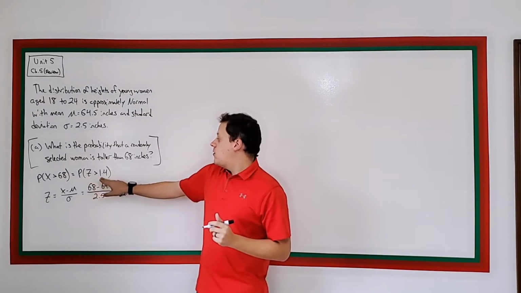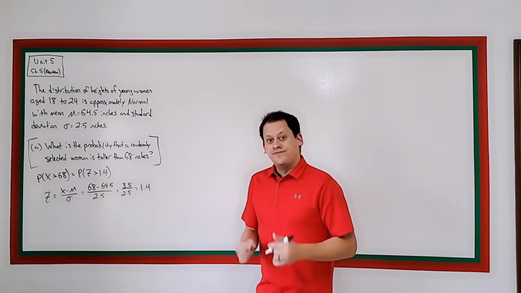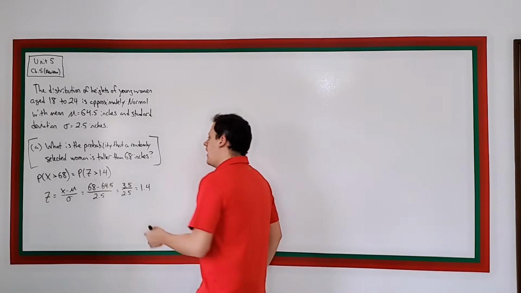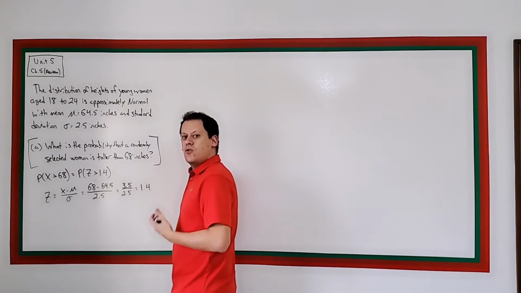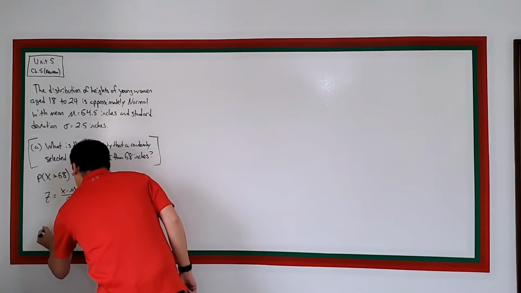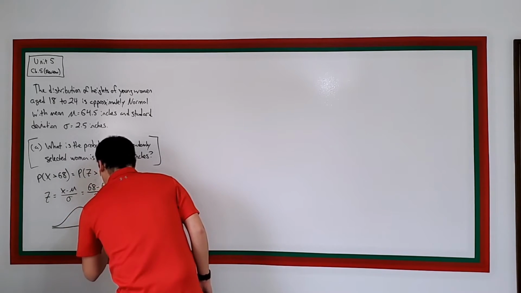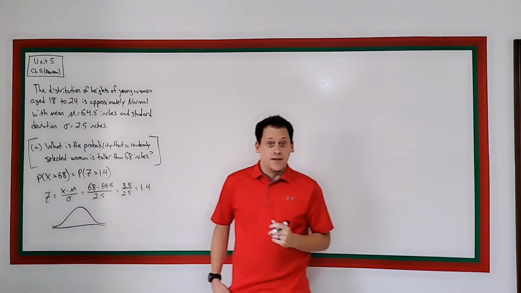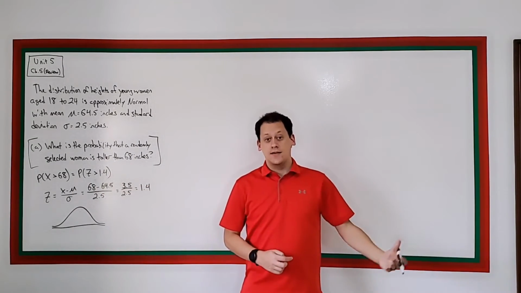But now that we know the z-score that we're interested in, we can use the calculator. However, at this point, before I start using normal CDF, I like drawing a picture of what this looks like. I know it's been a while since we've done problems like this, and you might be like, okay, I know, once I've got the z-score, I can use normal CDF, I know how to get the answer.